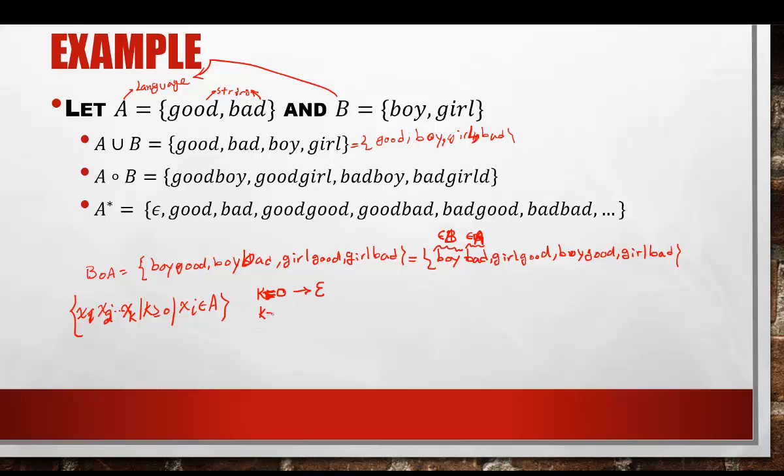When k is equal to 1, then you will have all single strings.